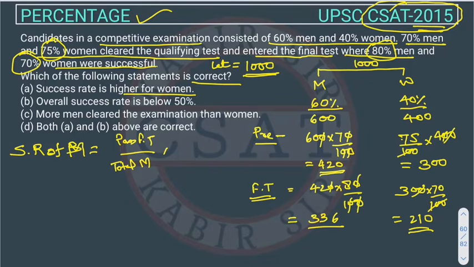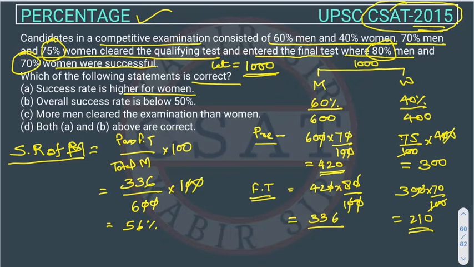How many men pass? 336 and the total men is 600. So this 0 will cancel this one. This is the formula of success rate. Success rate is what percent out of the total pass the examination, right? So this will come out 56% for men.